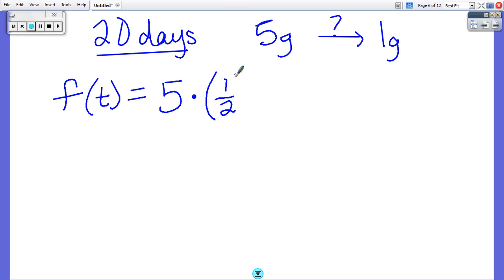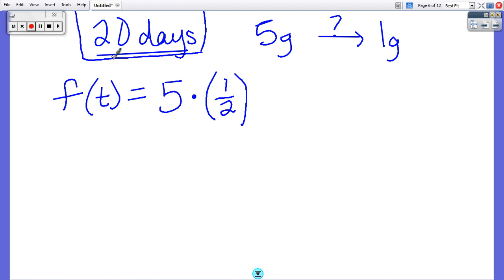by a half each time. It's decaying by a half. But this time it's not going to just be raised to the t. It's going to be raised to something else. T is actually the number of days, but it only goes down by a half every 20 days.